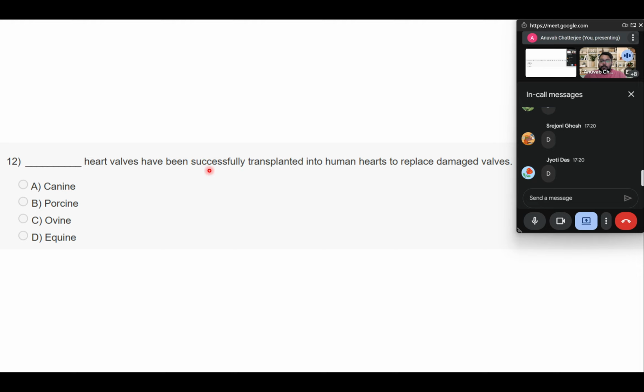Blank heart valves have been successfully transplanted into human hearts to replace damaged valves. The options are canine, porcine, ovine, or equine.